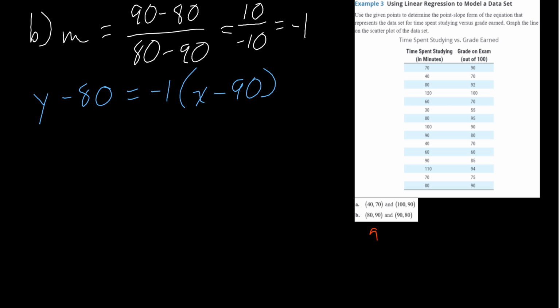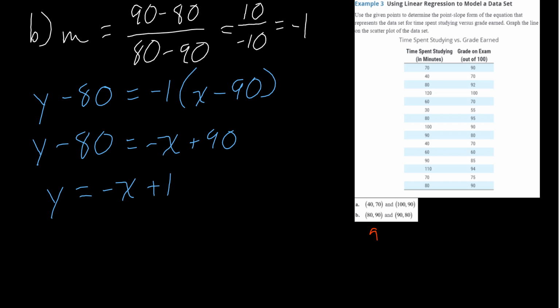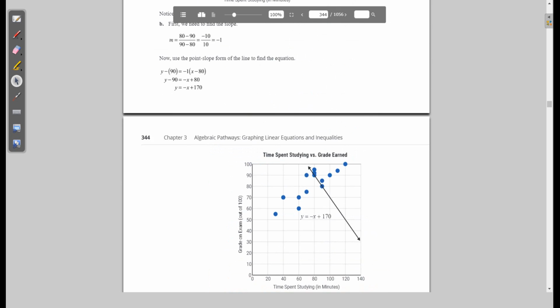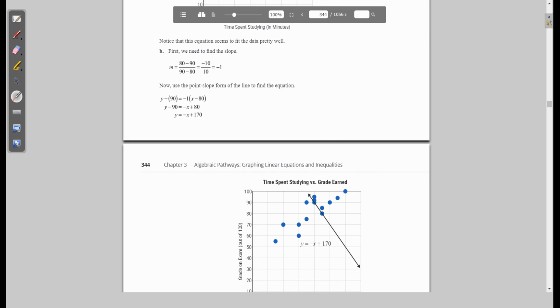Doing the arithmetic here, we've got y minus 80 is equal to negative x plus 90. Then we add 80 to both sides, so we have y is equal to negative x plus 170. And that is exactly what the book should have. Negative x plus 170, we see here.